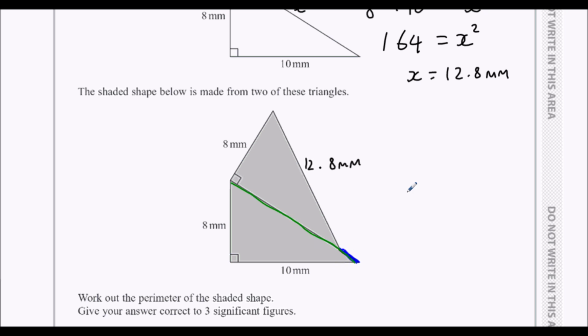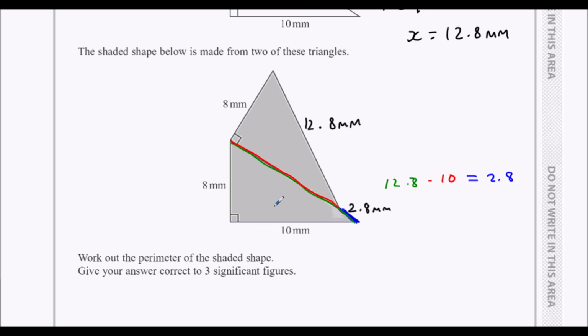Take away this length here, which is a 10. So a 12.8 take away a 10 is equal to 2.8. So this length here must be 2.8 millimeters.